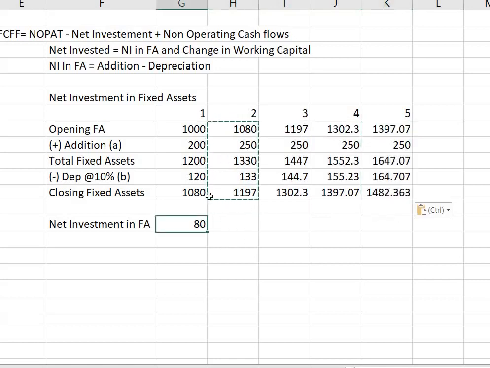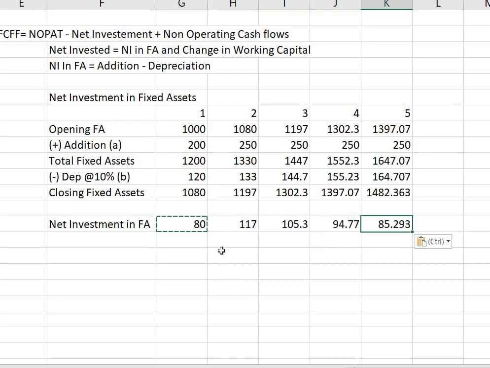And similarly we'll have net investment, that is addition minus depreciation, addition minus depreciation, and so on. So effectively, here in the first year, this positive figure is the amount that went out of the organization, which means this is the cash flow for the first year, second year, third year, and so on. These are all the cash outflows from the organization.